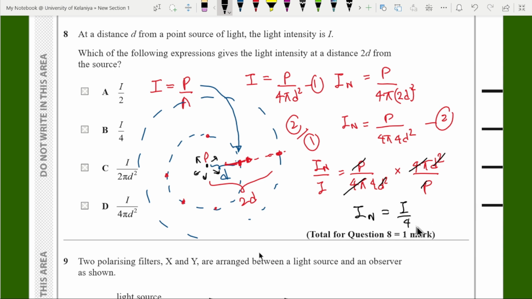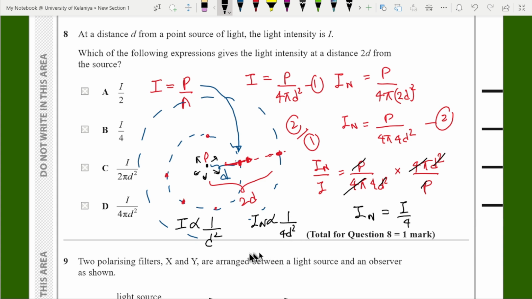When you're doing this question, you don't do all the work that I have done here. What you have to do is this: intensity is inversely proportional to the area. Over here 4 pi are constants, so we can write that it is inversely proportional to the square of the distance, and the new one is inversely proportional to the square of the new distance. So it is 2d square, which means 4d square.